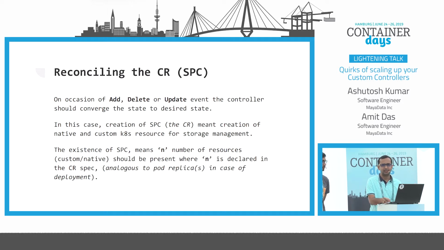That's the desired state, which should be realized into an actual state. The actual state here means a couple of Kubernetes native resources, for example a couple of Kubernetes deployments, and some additional CRs, which were again managed via their own individual controllers.